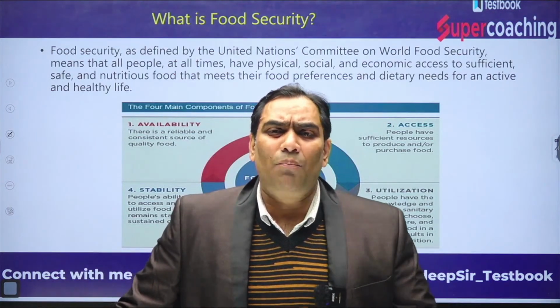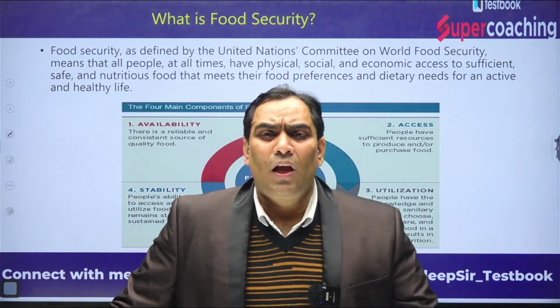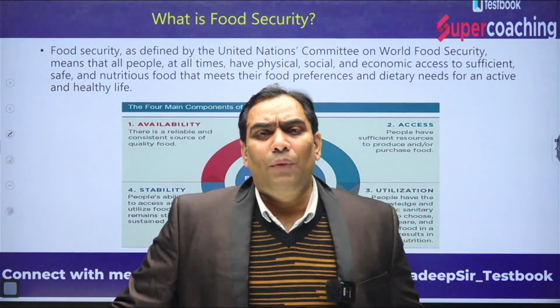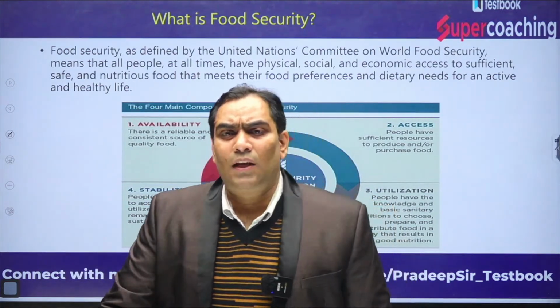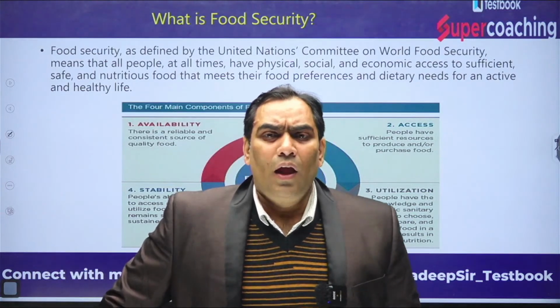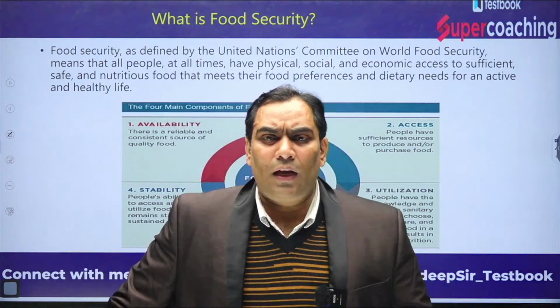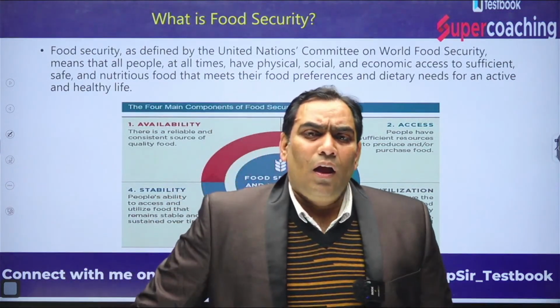Economic access means they must be in a position to purchase it. Social means there should not be disparity among the different sections of society. Physical means that wherever they are going to get the food, it must be within their reachable distance. That is the meaning of physical access.